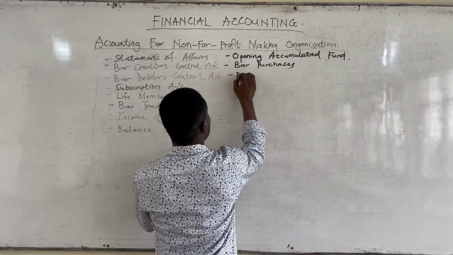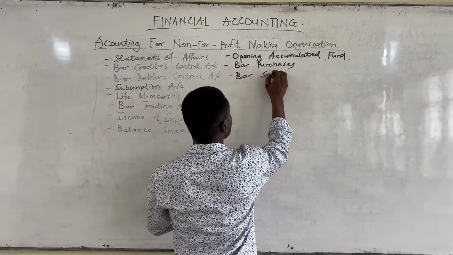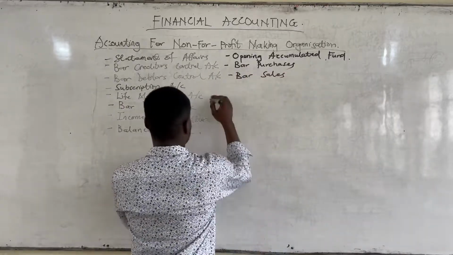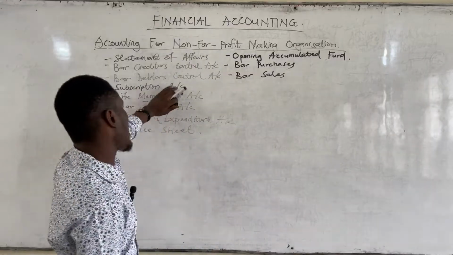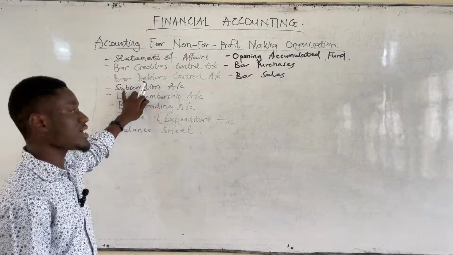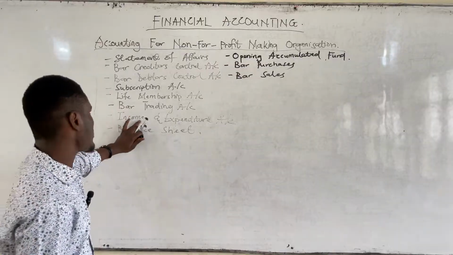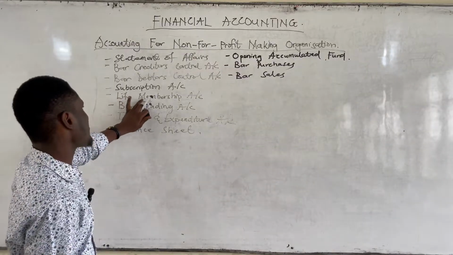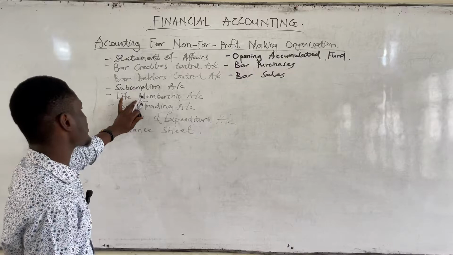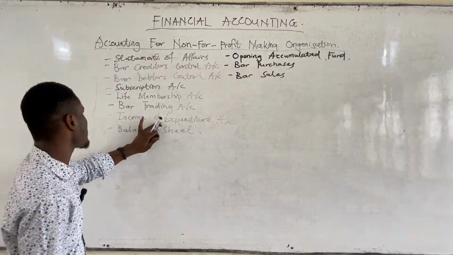This will help us find our bar sales. This will adjust this account. The amount we will get is what we will send to the income statement. We also adjust this life membership account. What we will get is what we are going to send to the income statement.